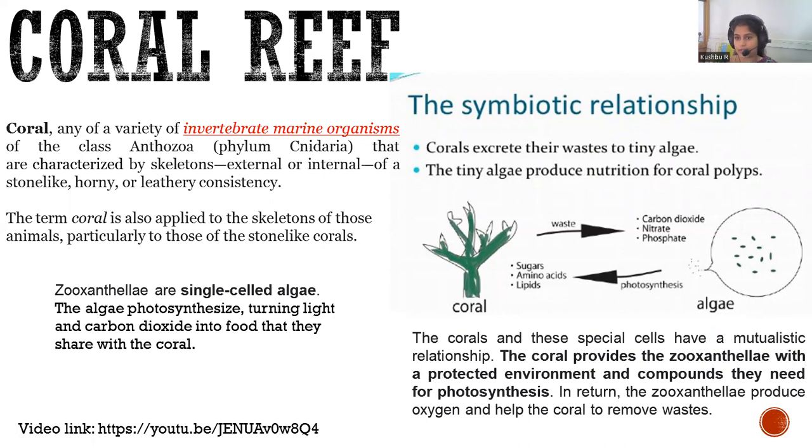Coral reefs are believed to be in symbiotic association with single-celled algae called zooxanthellae. These zooxanthellae are nothing but single-celled algae. There is a symbiotic or mutualistic association seen between an invertebrate marine organism called the coral and a single-celled algae called zooxanthellae.